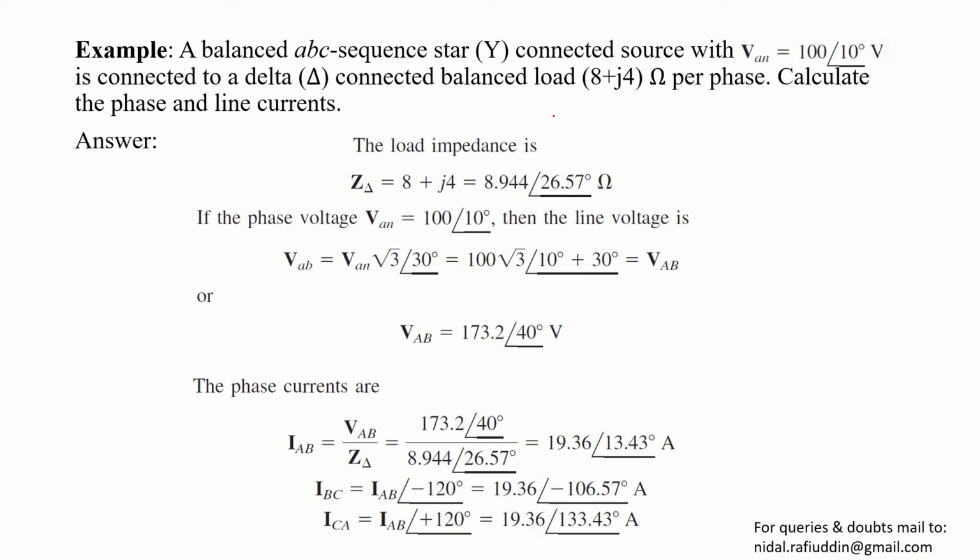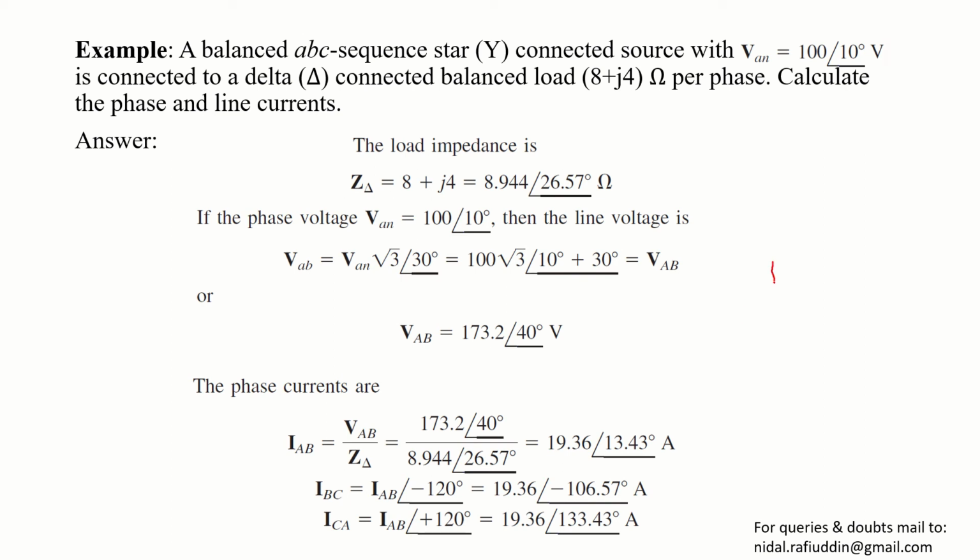So this sequence is connected to a delta balanced load. The source is connected in a star fashion, and the load is connected as delta. Calculate the phase and line currents. For this you'll have to use the figure, so let me draw the figure here.